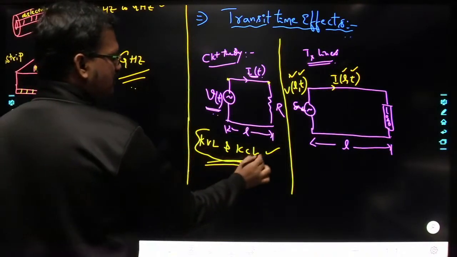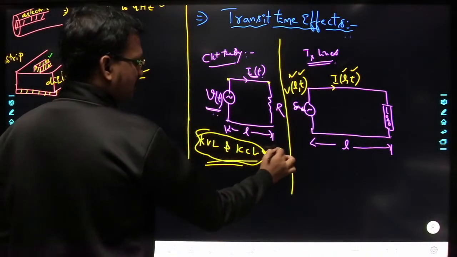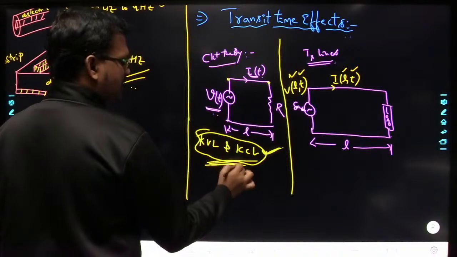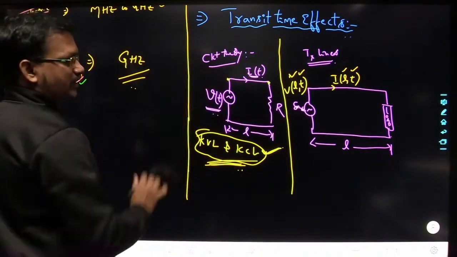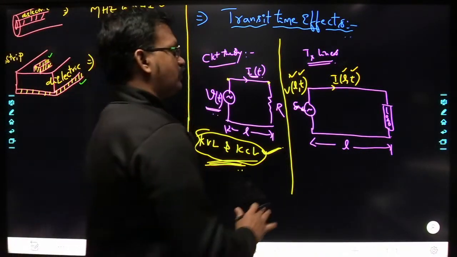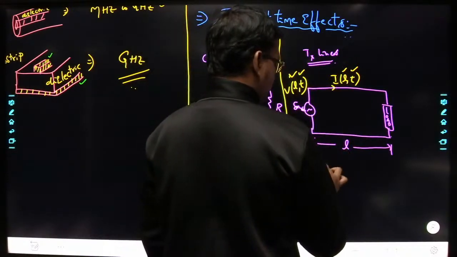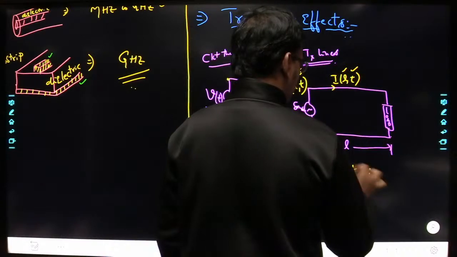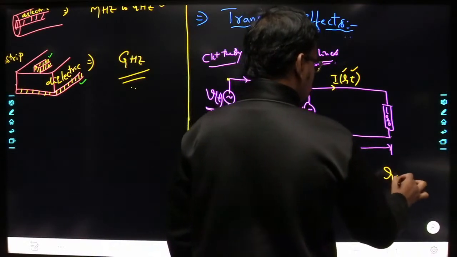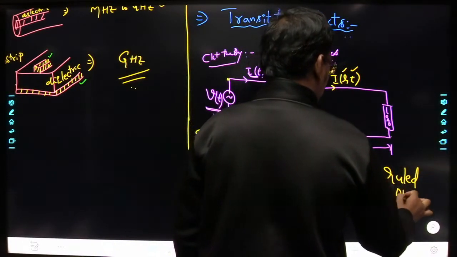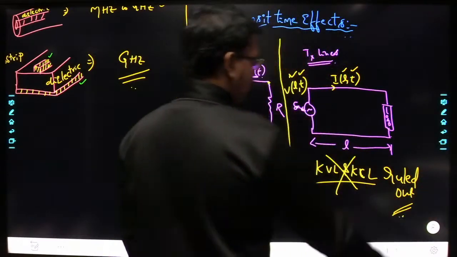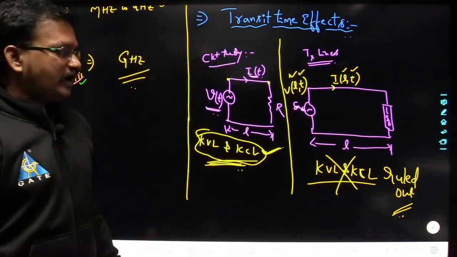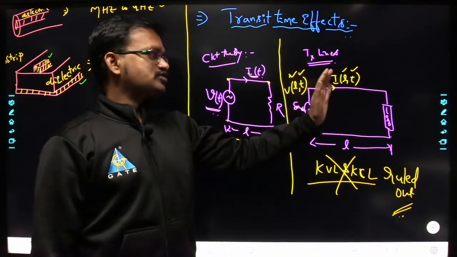So KVL and KCL are valid, and they can be happily applied while dealing with circuit theory. But whenever you are dealing with transmission lines, KVL and KCL are ruled out. You should not apply KVL and KCL whenever voltages and currents become functions of length.